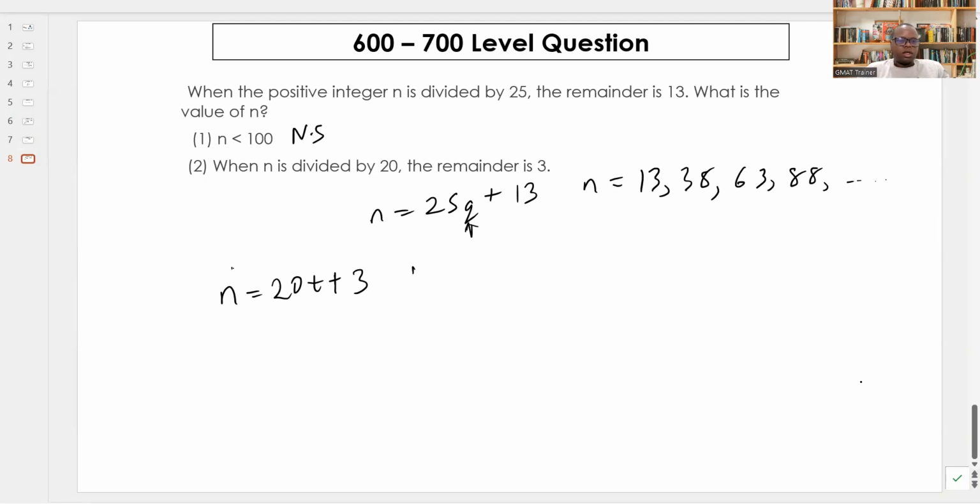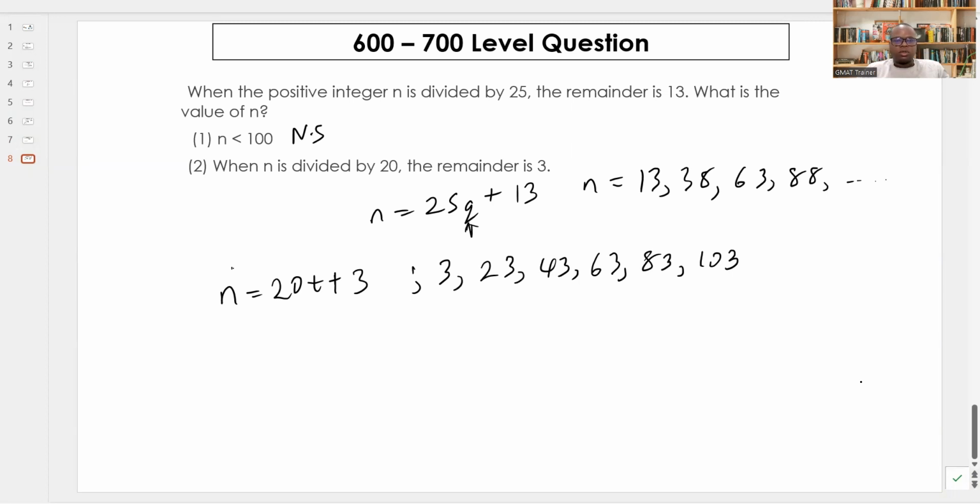We can have n as 3, 23, 43, 63, 83, then 103. We can just stop there. These are the multiple values of n that you can have.